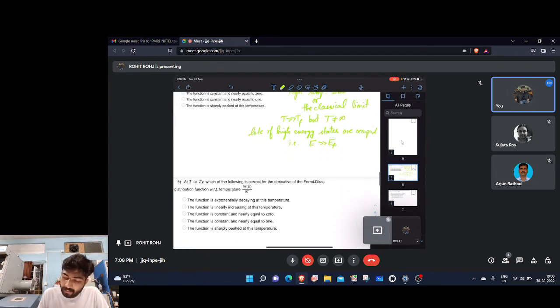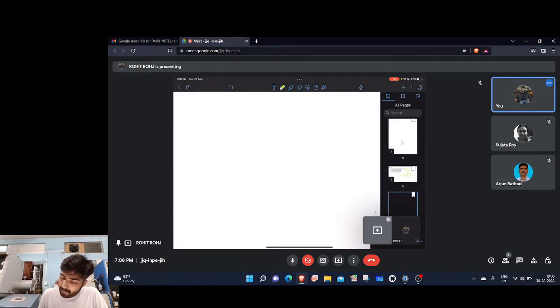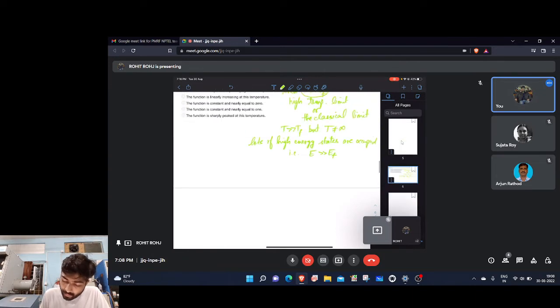So in this Fermi Dirac distribution function, e to the power E minus EF by kBT plus 1, when E becomes extremely larger than EF, the exponential becomes very big compared to 1. So one can neglect 1, and then one would be left with exponential of minus E minus EF divided by kBT.